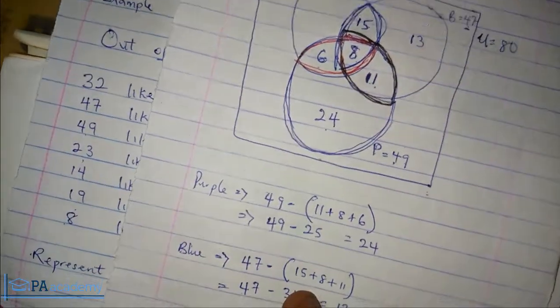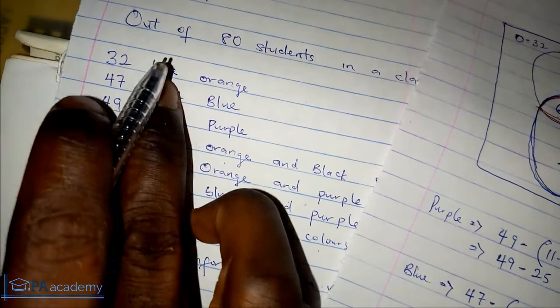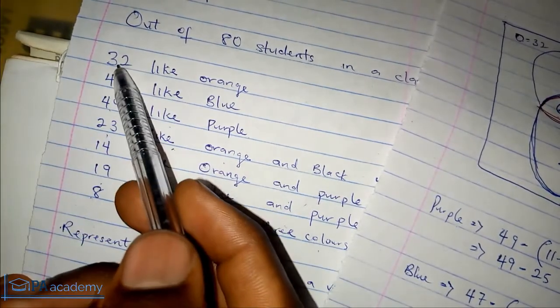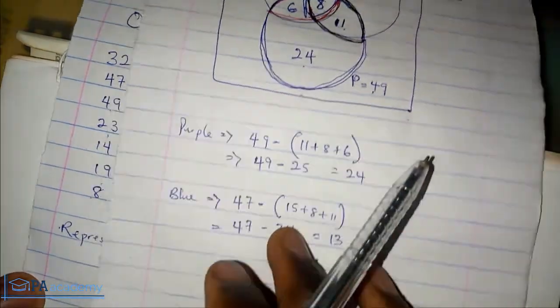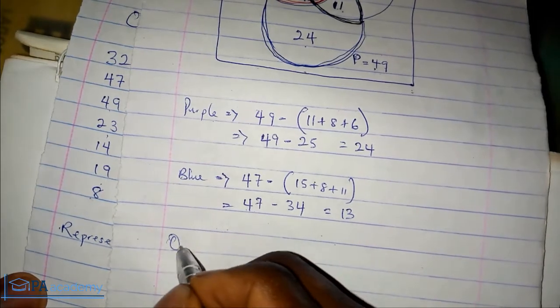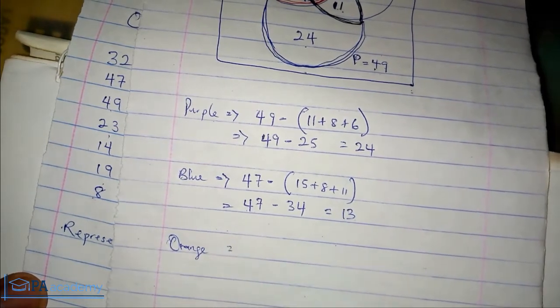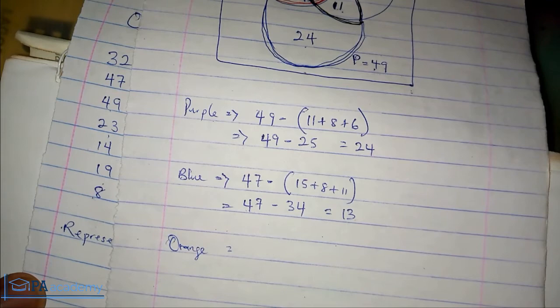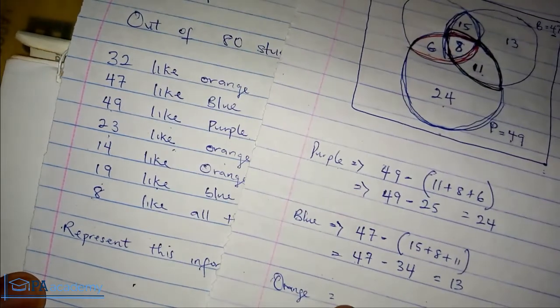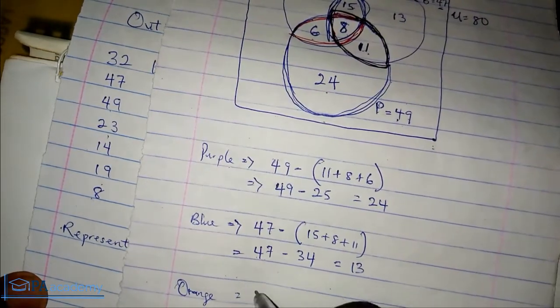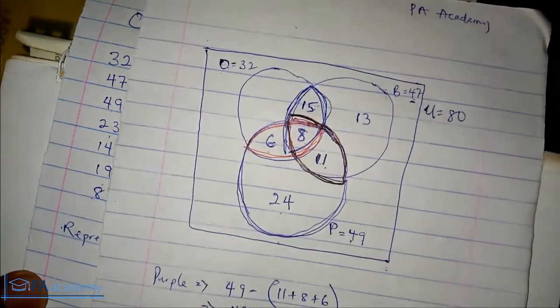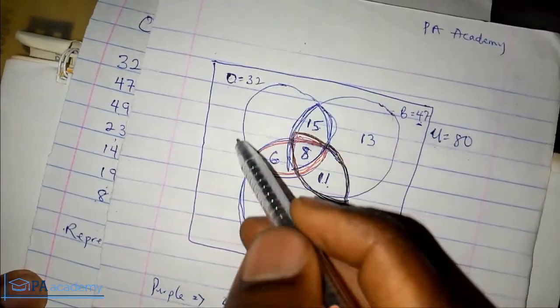So let's do the last one, which is orange. We were told that 32 like orange. So for orange, that will be 32. Let's look at the circle for orange. This is that of orange.